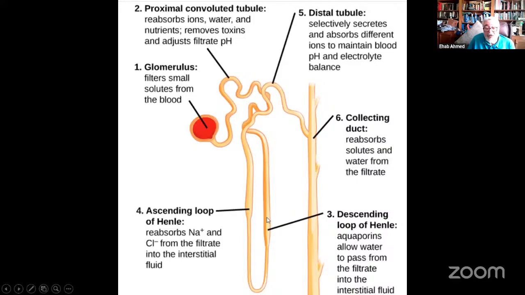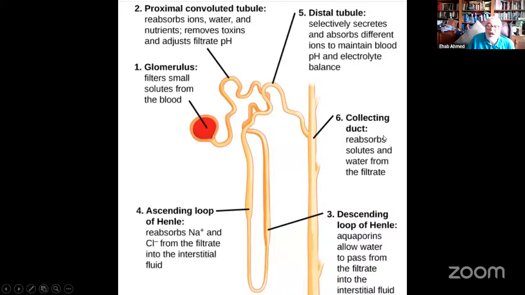This is mostly for water. And the ascending loop, this is important because it controls sodium and chloride reabsorption from the filtrate. And this explains the mechanism of some diuretics, the loop diuretics. And then the distal tubule selectively secretes and absorbs different ions to maintain the pH, as we are going to see in the next slide.